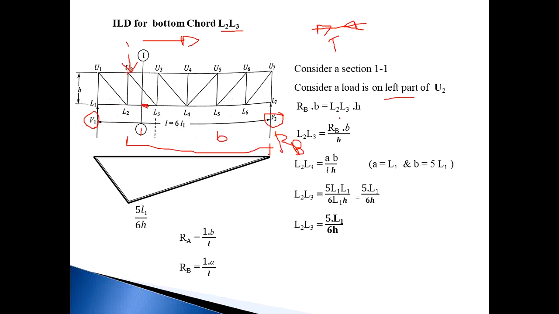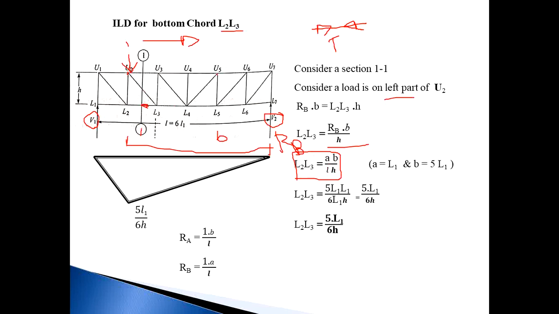So L2L3 is equal to RB into B divided by h, and we know RB is nothing but A by L. So instead of RB we note down A by L, with B and h remaining as they are. So the final equation for L2L3 is A into B divided by L into h.